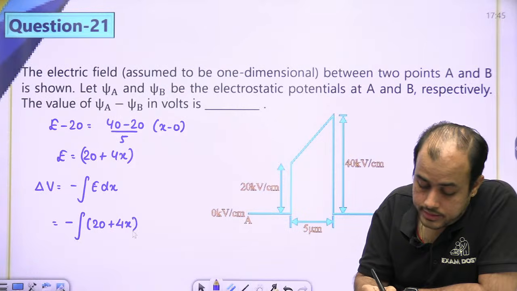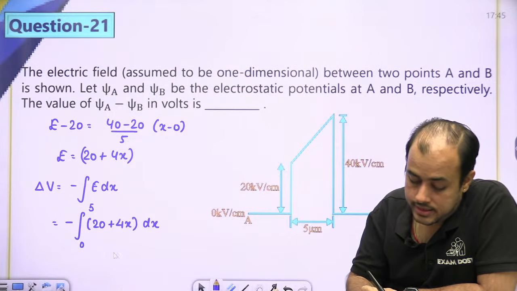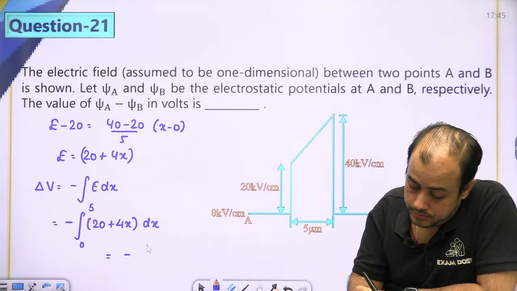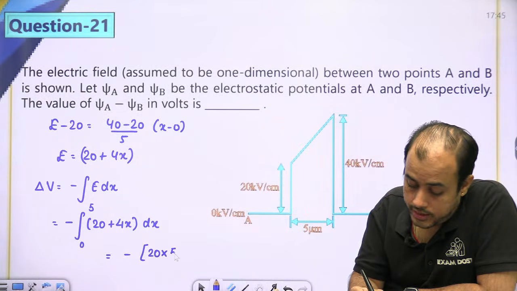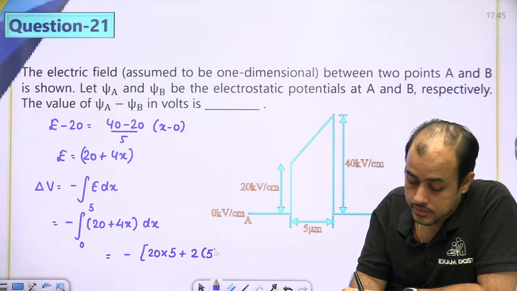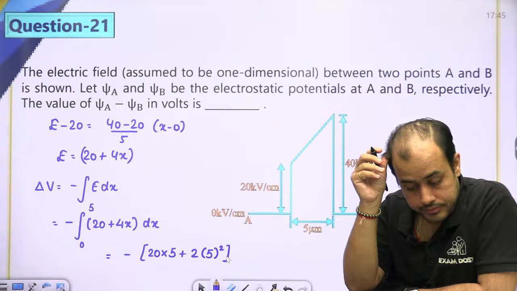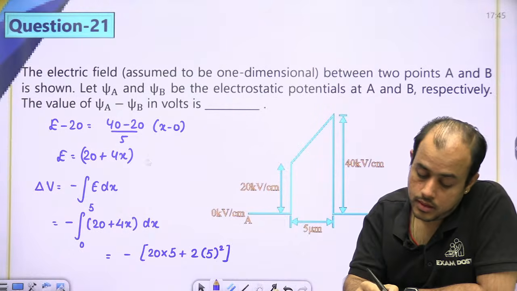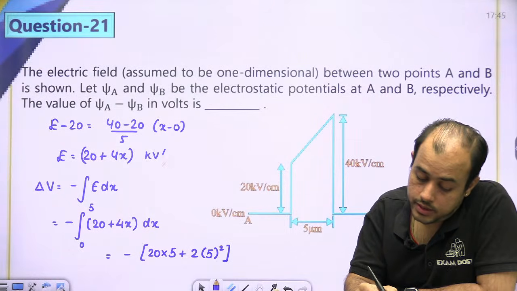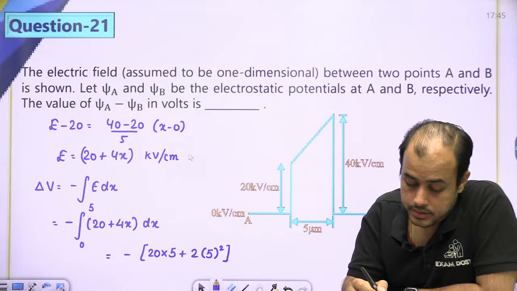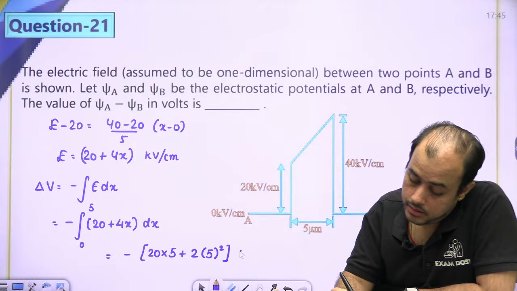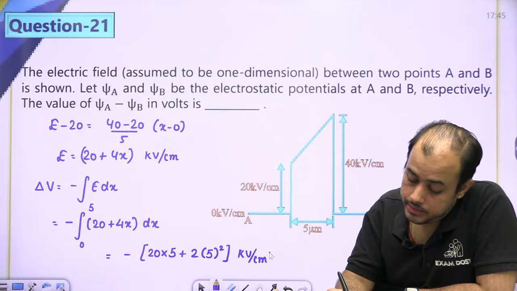Twenty plus 4x dx. Okay, x is in micrometer. The integration of 4x is 2x squared. Okay, and you can write it like this, kV per centimeter into micrometer.